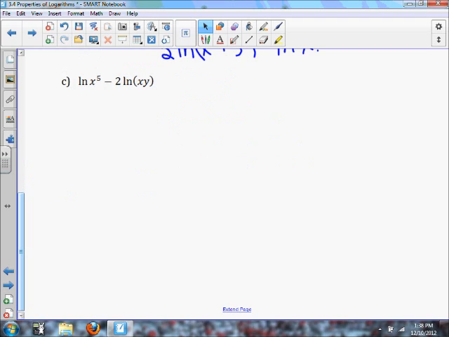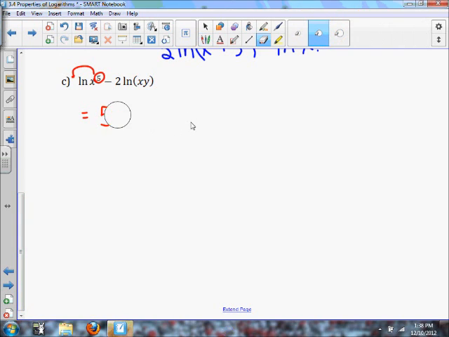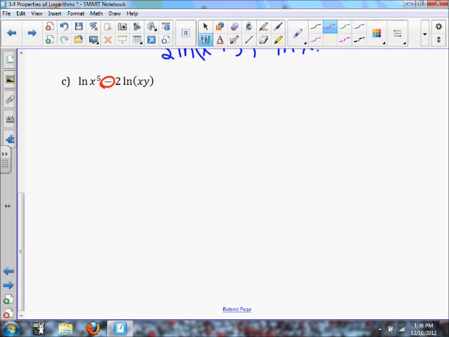Moving on to C, again, I would bring the 5 out front. So I'd have 5 ln of x minus, actually I don't want to do that at all. I want to condense this one. Because I have two natural logs, I want to condense this. And because I'm subtracting, I'm going to divide.